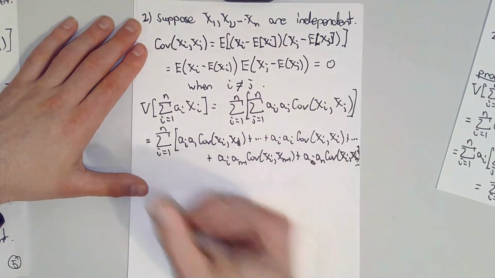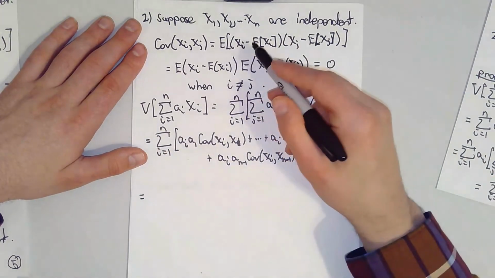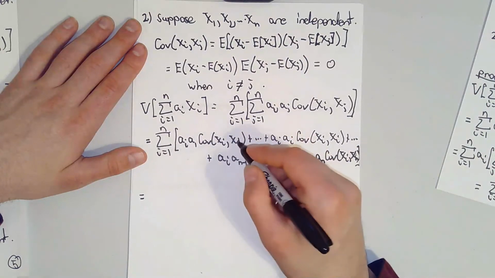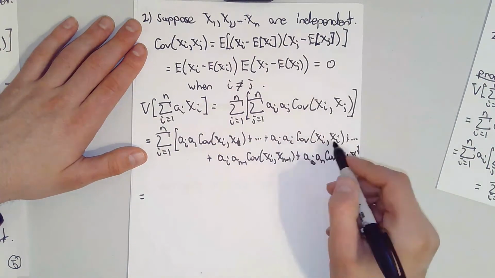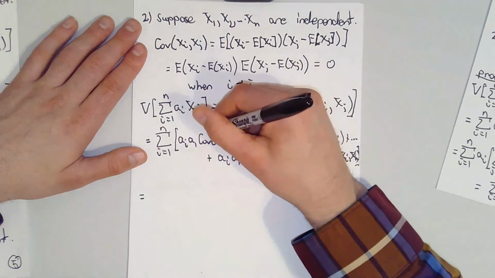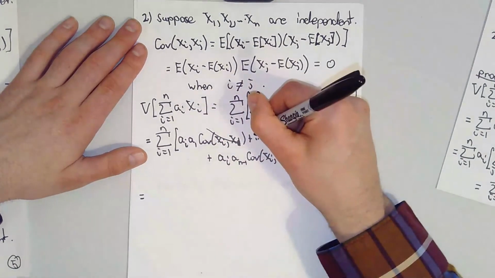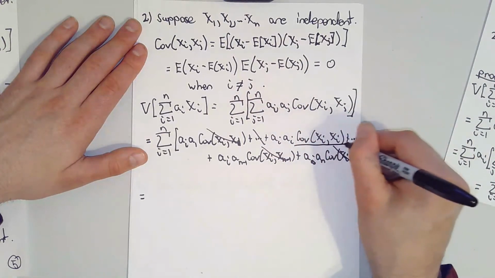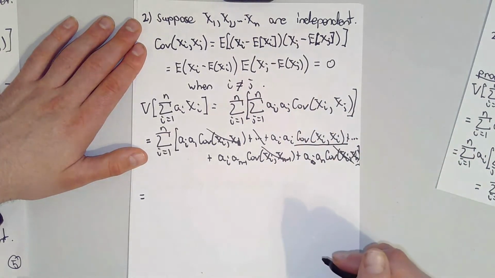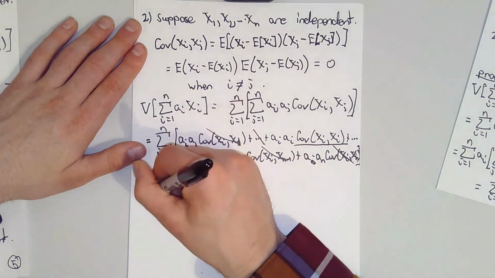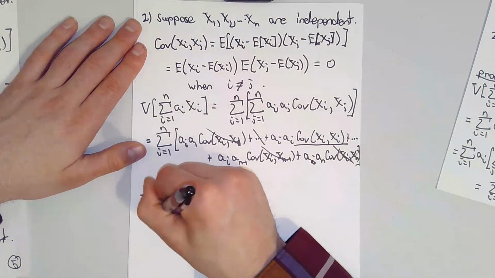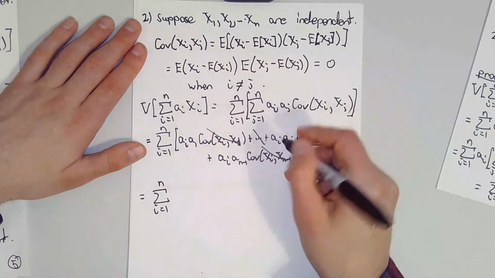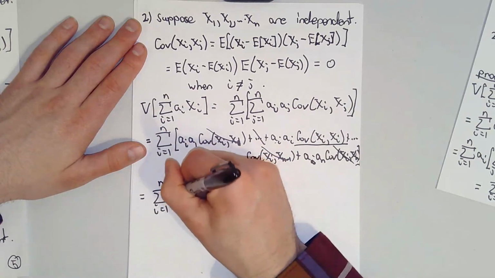And so what is this equal to? Well, from above, since the x sub i's are independent, the covariance of xi and x1, assuming that i does not equal 1, is equal to 0. In fact, all these covariance terms are equal to 0 besides the one that is equal to i. So therefore, this is just a sub i times a sub i, which is a sub i squared.